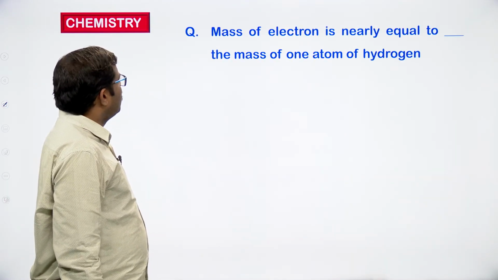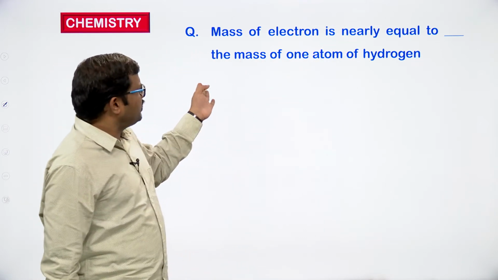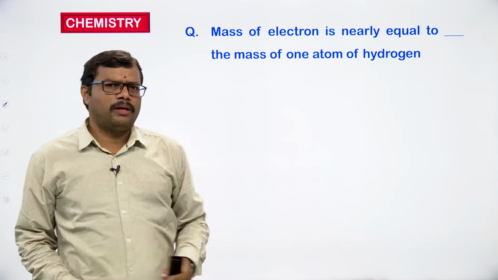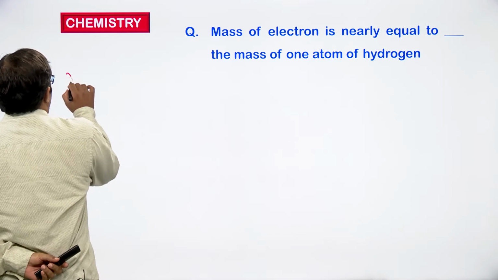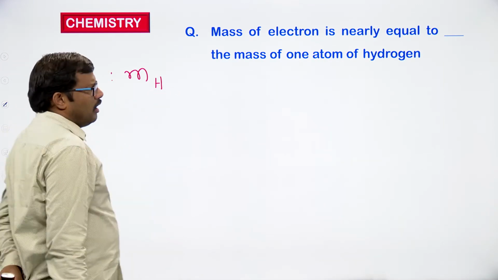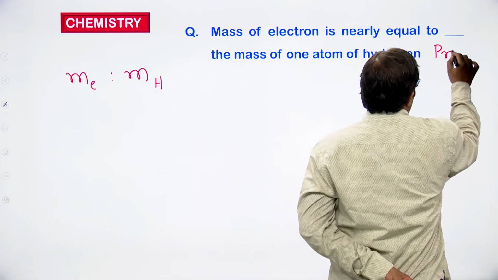Next one. The mass of an electron is nearly equal to dash the mass of one atom of hydrogen. So we have to compare the mass of the electron to the mass of hydrogen. Hydrogen atom, in this case, you can take it as a proton, okay.